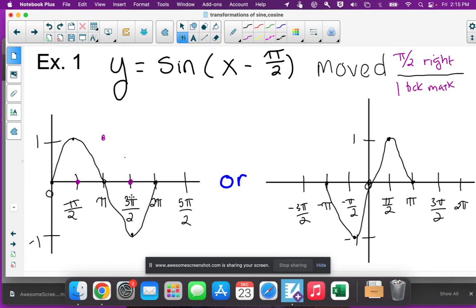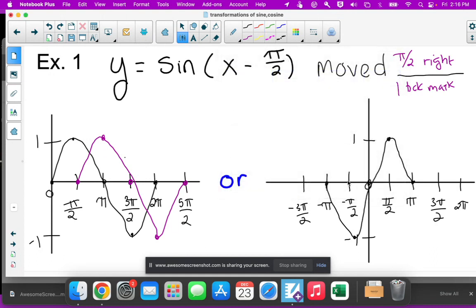Okay, instead of being at 3 pi over 2, the next one will be at 2 pi. And then the next one after that will now be at 5 pi over 2. So there's your new function. Everything has just been slid one tick mark to the right, basically, because of how our period works. Okay, so if you graph from the negative and the positive side, again, everything is just going to slide one point to the right.